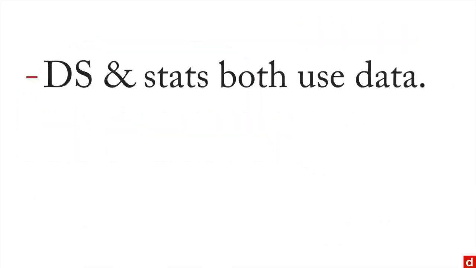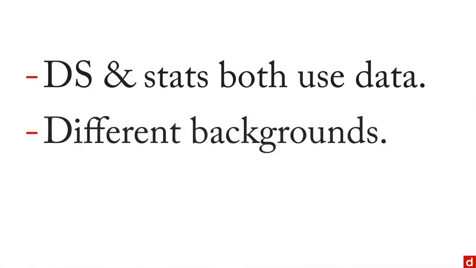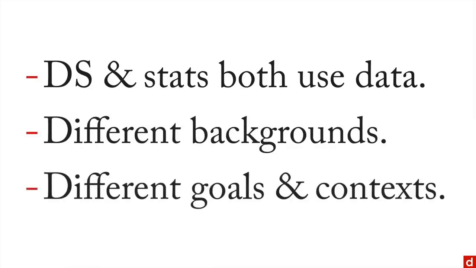So in sum, what we can say here is that data science and statistics both use data and they analyze it, but the people in each tend to come from different backgrounds and they tend to function with different goals and contexts, and in that way render them to be conceptually distinct fields despite the apparent overlap.